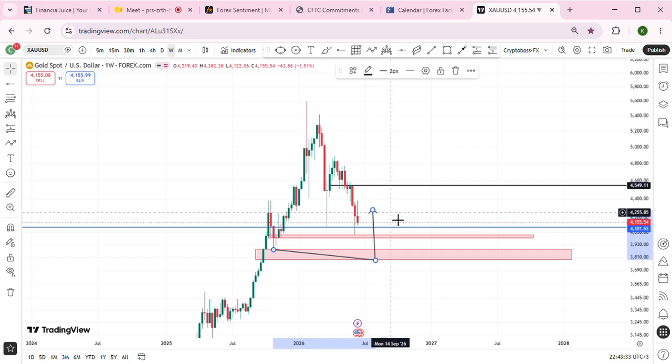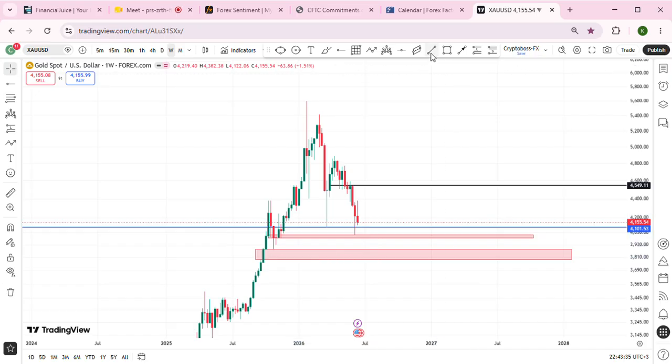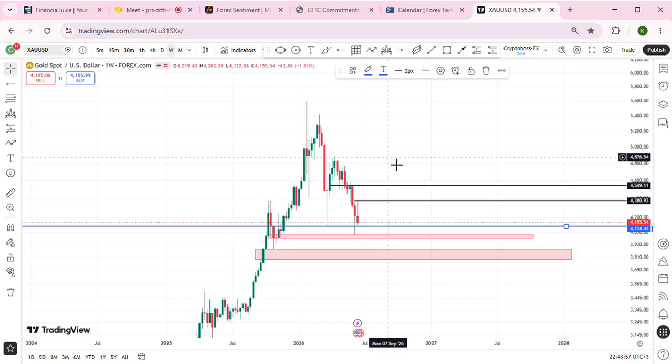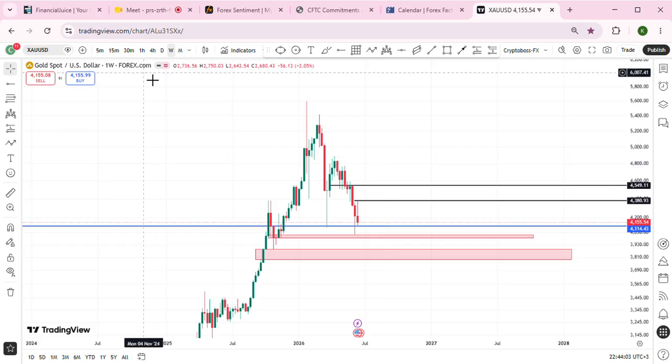So let me mark this high of last week, very important for the low. Okay, let me just mark it as well. So I have marked the high and the low of last week.